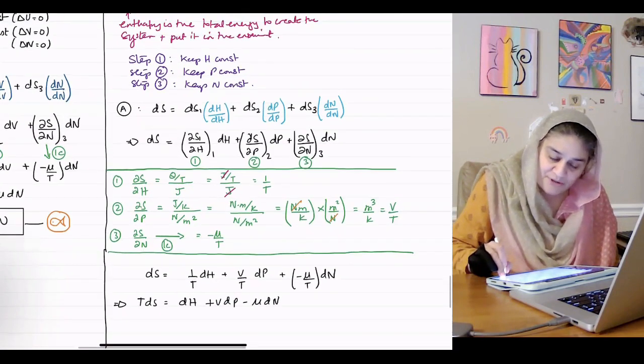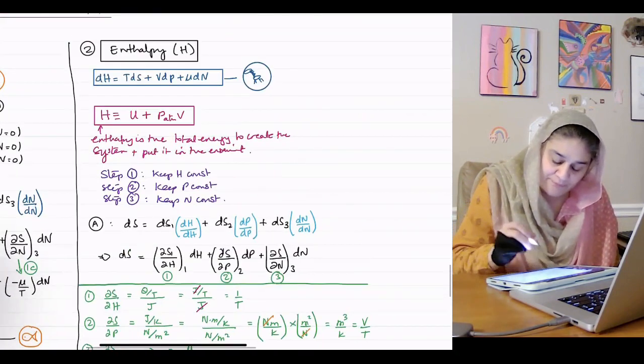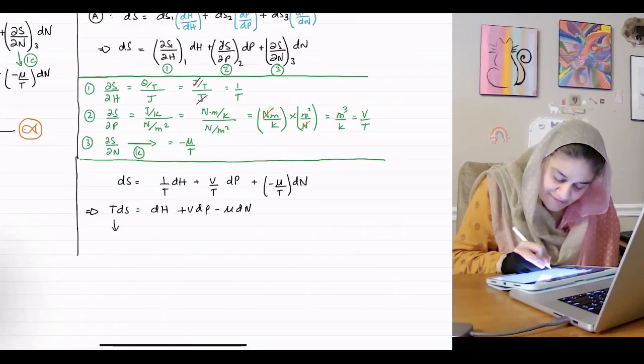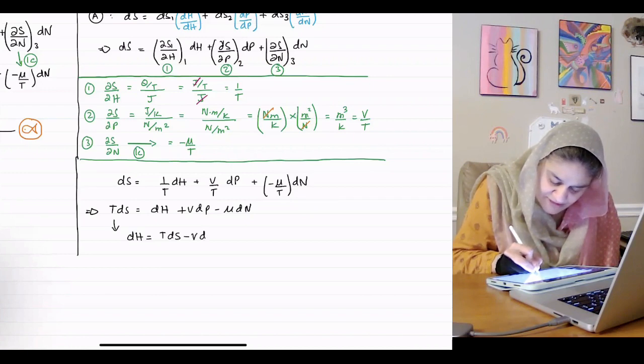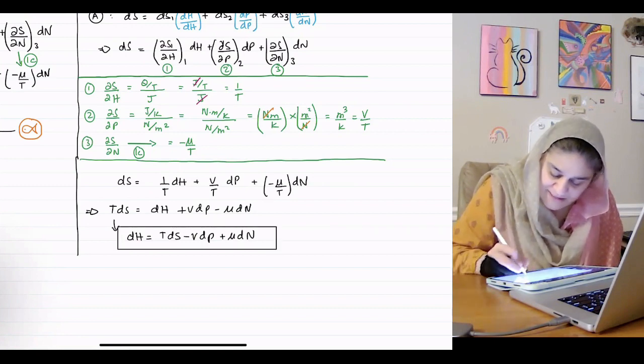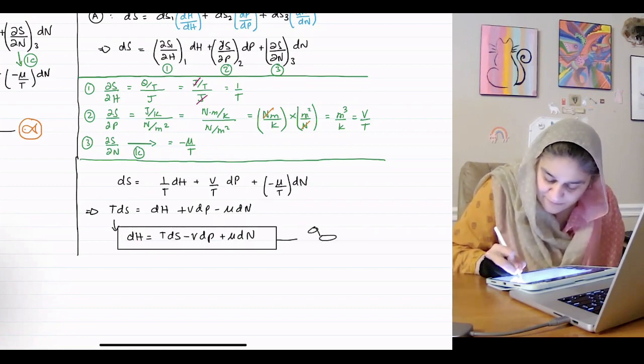Since I was looking for my giraffe equation, I can rewrite this as dH equals T dS minus V dP plus mu dN. And that is exactly the same as my giraffe equation. Woohoo!